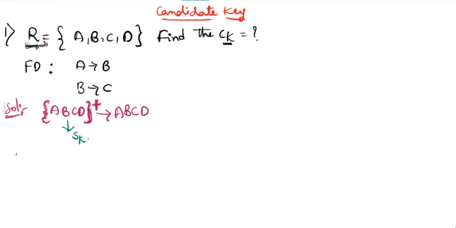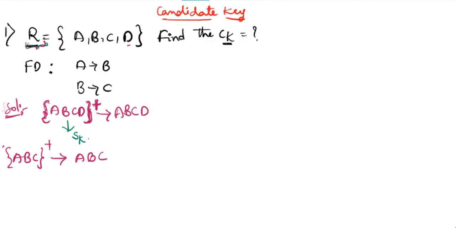ABC is one of the subsets of this closure. Is it determining everything? A determines A, B determines B, C determines C. But none of A, B, C determines D. That's why it is not a super key.